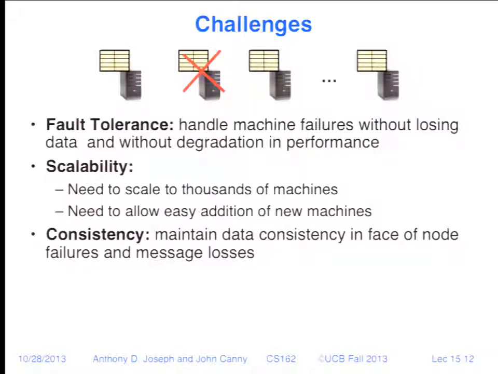We also want to maintain consistency, which means making sure that replicas are consistent with each other, and that if there are messages being passed around in the system, they're consistent with each other as much as possible.